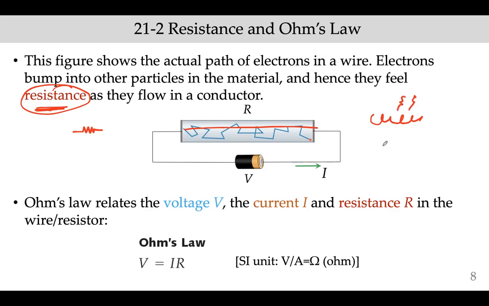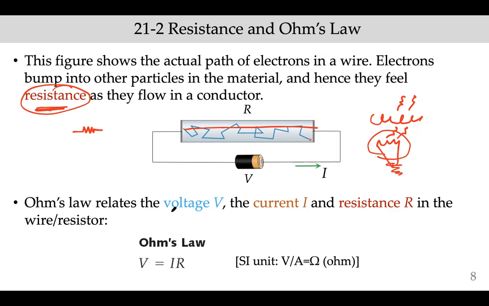And when you have a light bulb like this, these collisions again create light that comes out from the light bulb. So by means of these collisions, we are able to get light and heat from the circuits. So it's not always a bad thing, but it depends on the situation.